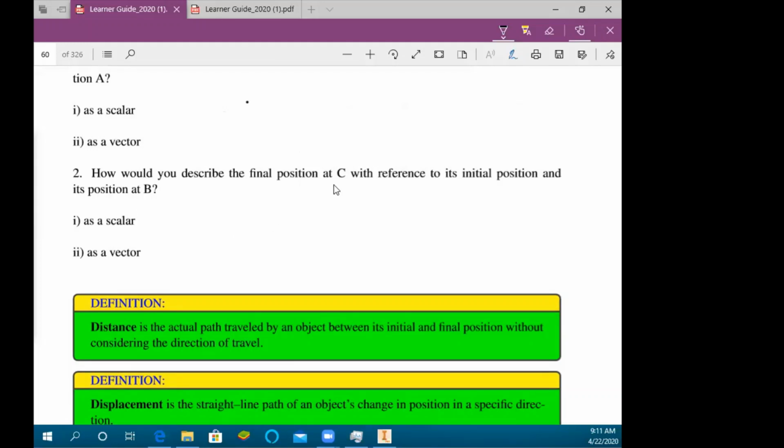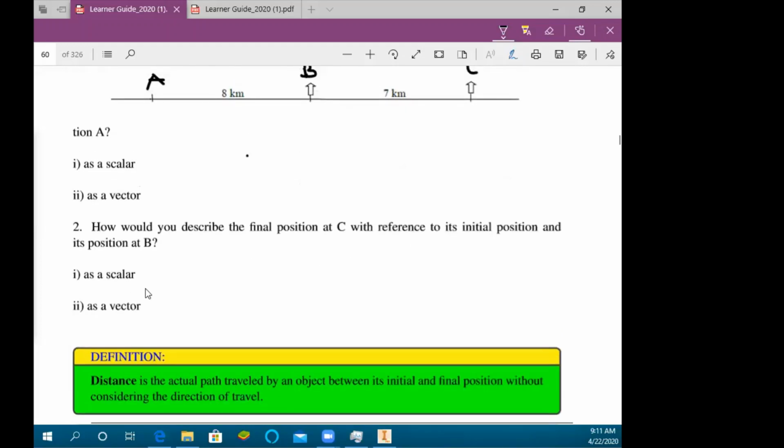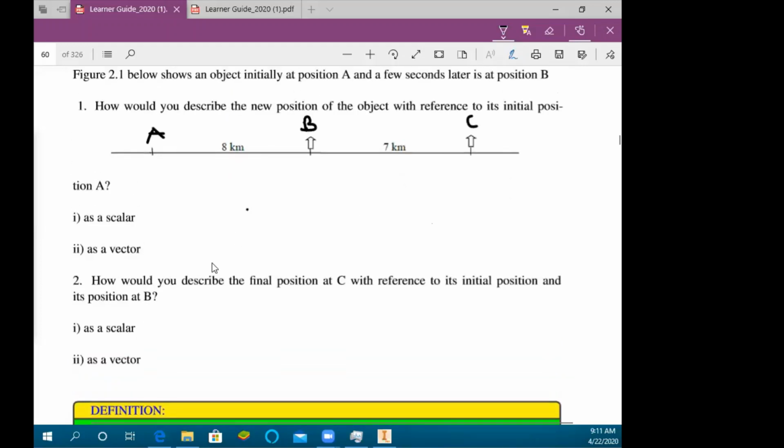So how would you describe the final position C with reference to its initial position and its position at B as a scalar? So as a scalar, the object had traveled 8 plus 7, right?